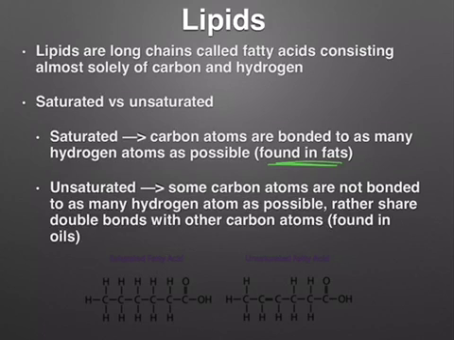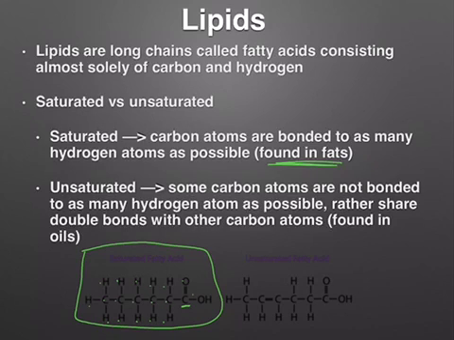If you look down here, this example right here is of a saturated fatty acid. Notice that every carbon, except this last one, is only bonded to hydrogen atoms. This last one does get bonded to oxygen, but it is bonded to as many hydrogens as possible.